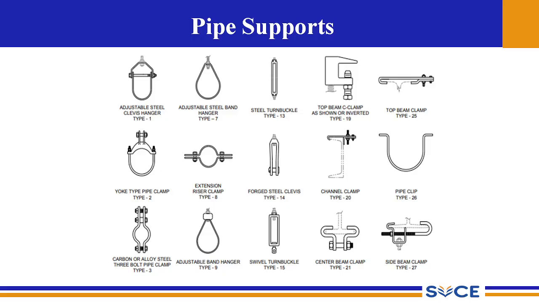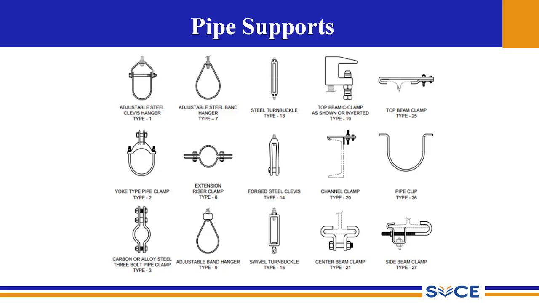So the type 19 is a type of clamp which does not require any kind of welding arrangement. When we have a vertical rod that needs to be slightly away from the edge of the flange, then to keep that structure in place we use a top beam C clamp.